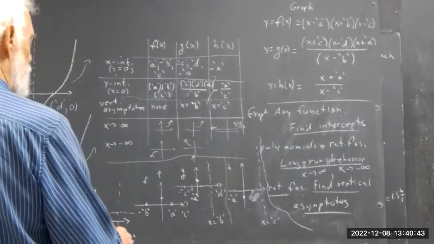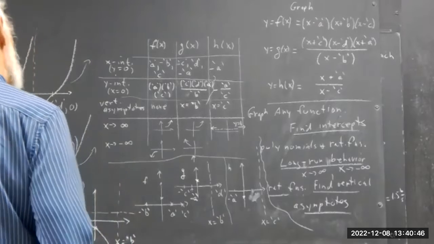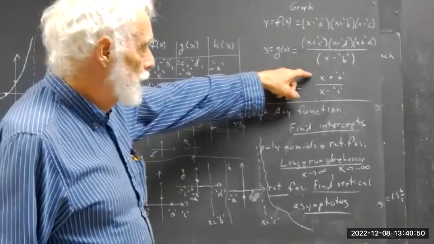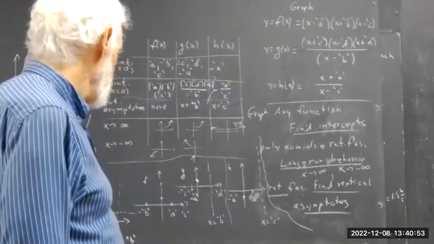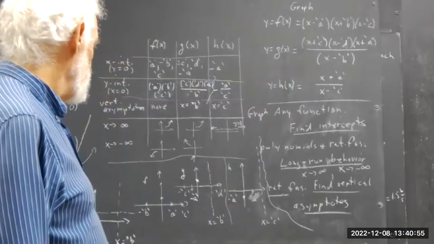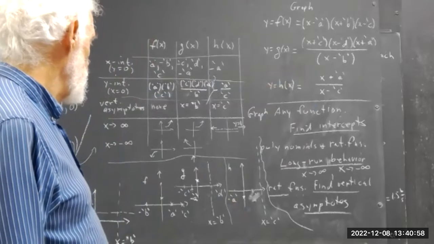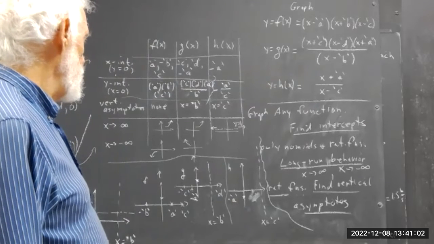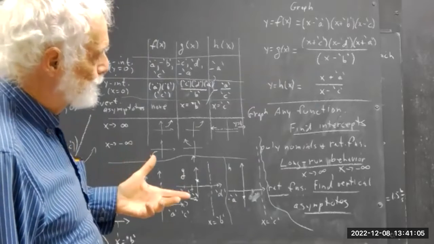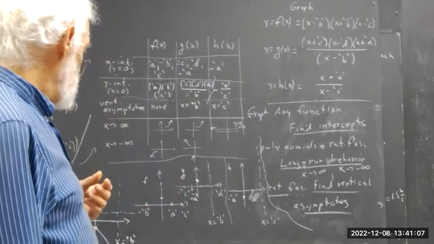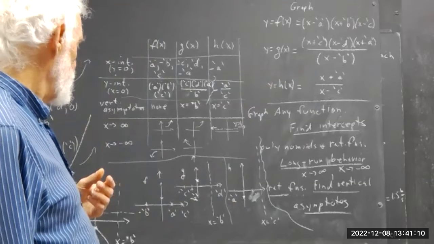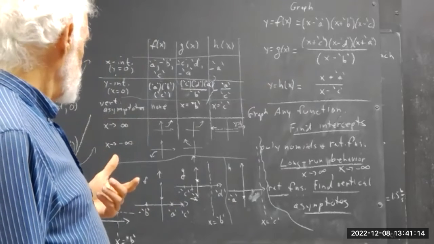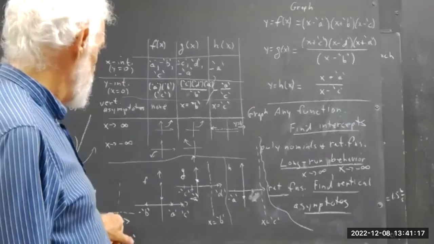On this side of the asymptote, again, I'm missing something there. The vertical asymptote is x equals c, not b.